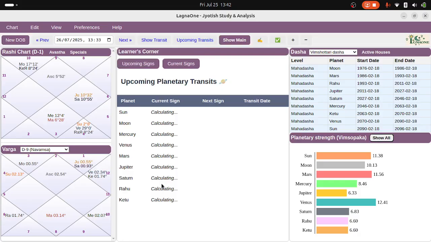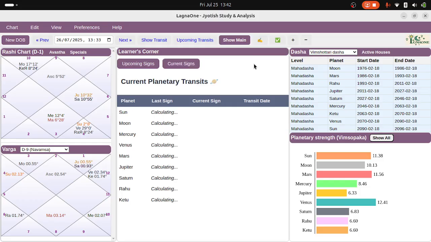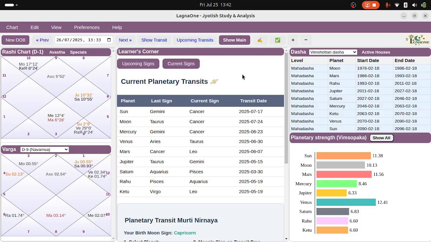So if Saturn is in Pisces, it will show the next one, that is Aries. But I want to see Saturn in the present sign. It came recently, right? We are talking in July 2025, so it came in March 2025, Saturn in Pisces. In the same way, Rahu also, around mid May, the 19th or 20th of May.